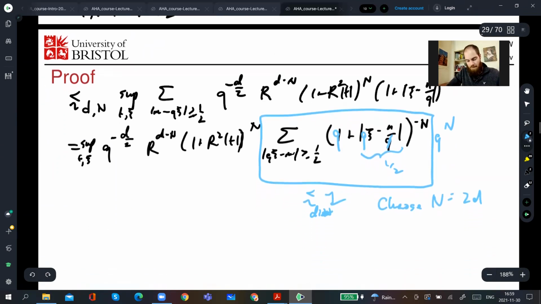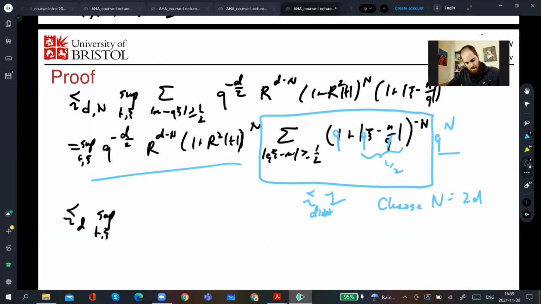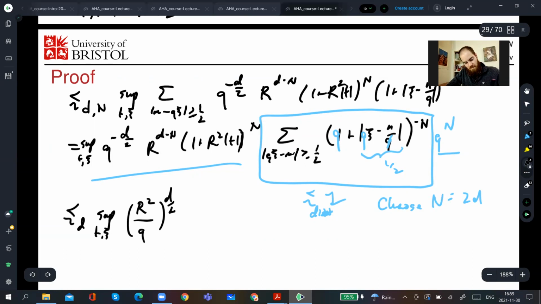All right. That means I'm left with this part as well. So let's rewrite this. That's at most something depending on the dimension, the sup over T and C of, I want to write this as R squared over Q to the D over 2, where I've combined this part, but not that factor of n.